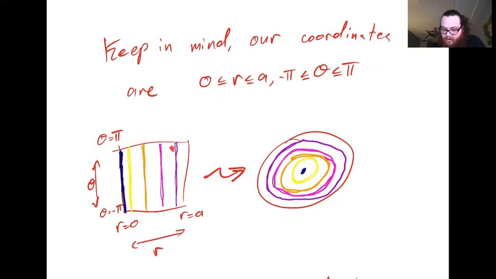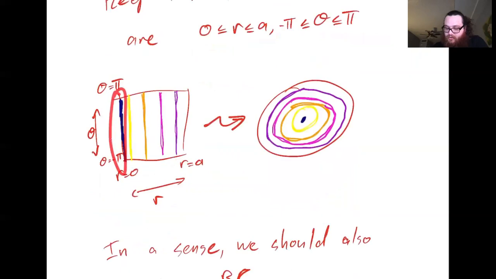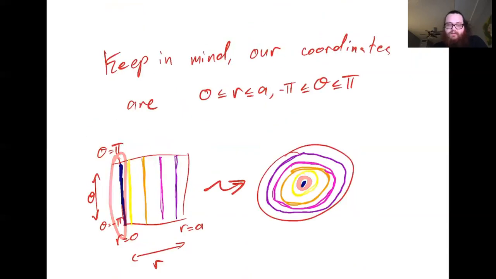Likewise, this purple line gets mapped to that purple line. And this dark blue line corresponds to r equals 0, so this dark blue line gets sent to this point right here.